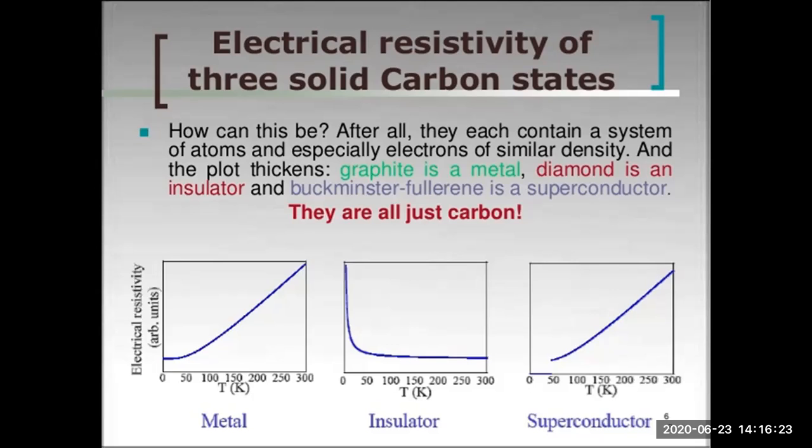So the electrons are all moving, but they have the same density everywhere throughout the metal, throughout the solid. And the plot thickens: graphite is a metal, diamond is an insulator, and Buckminster fullerene is a superconductor. They are all just carbon.